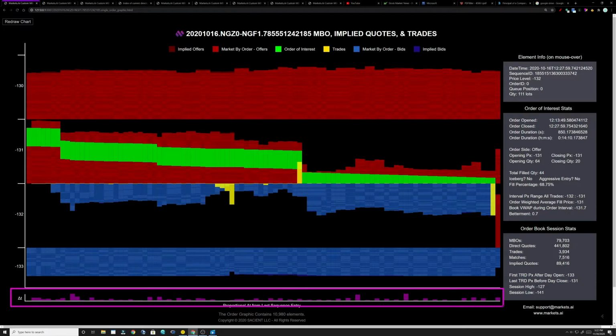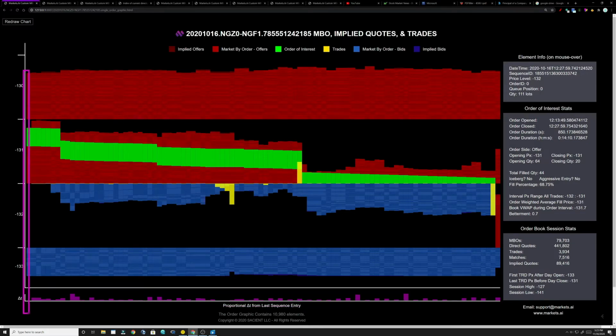Consequently, each one of these bars or an increment here, so if we look at increment 1, increment 2, and so forth, increment 3, those are not bins.